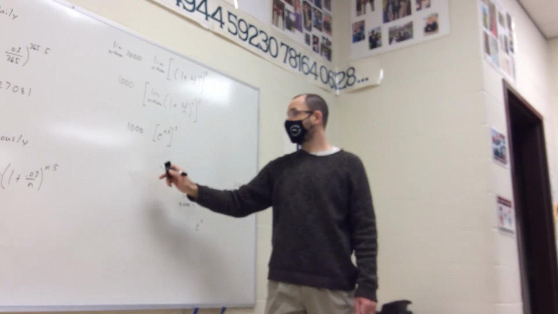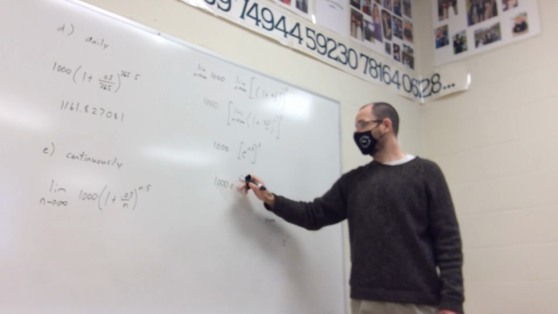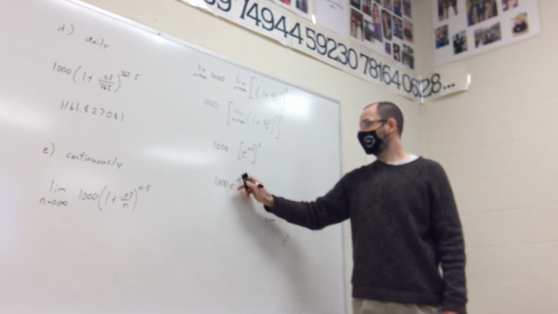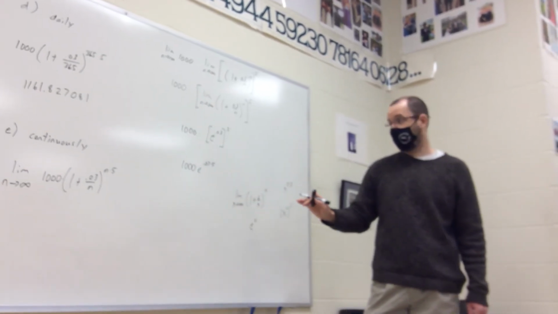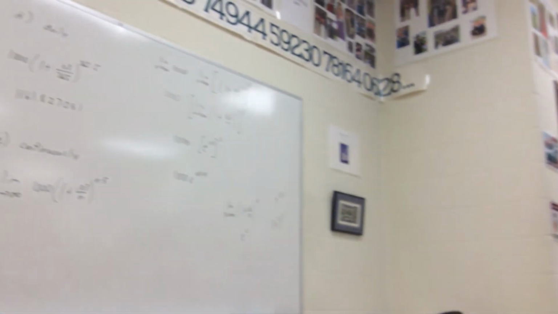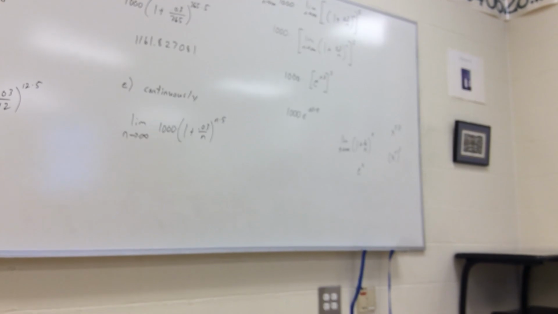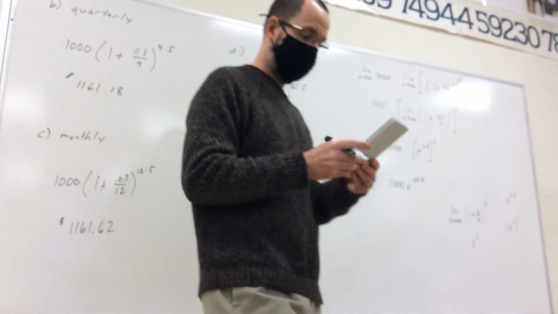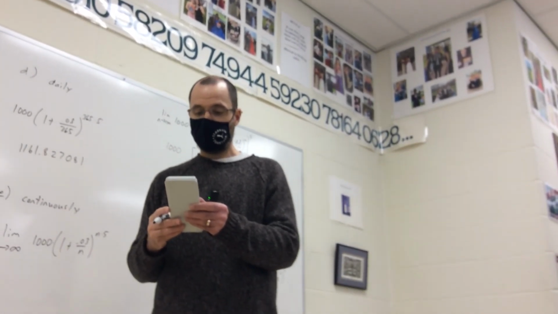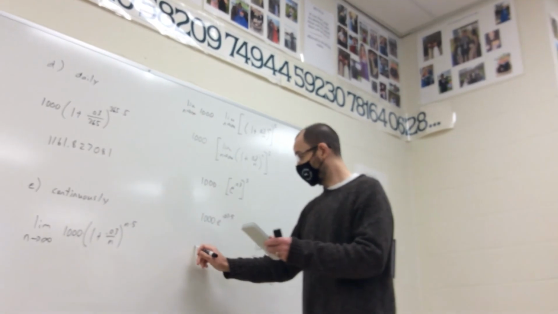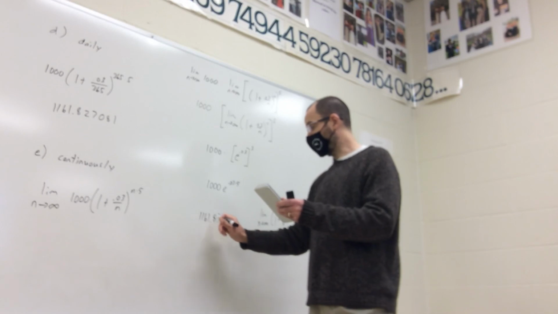And then you could multiply those. So it would be 1,000 times E to the 0.03 times 5. Then you can use a calculator to figure that out. So that's $1,161.83.